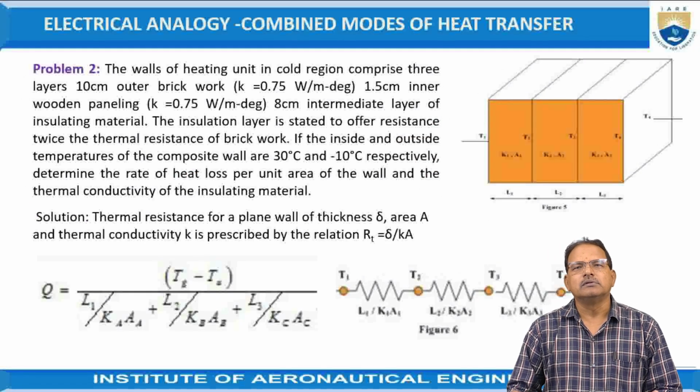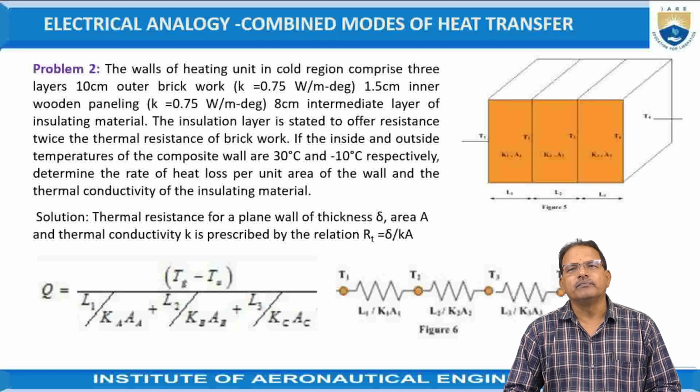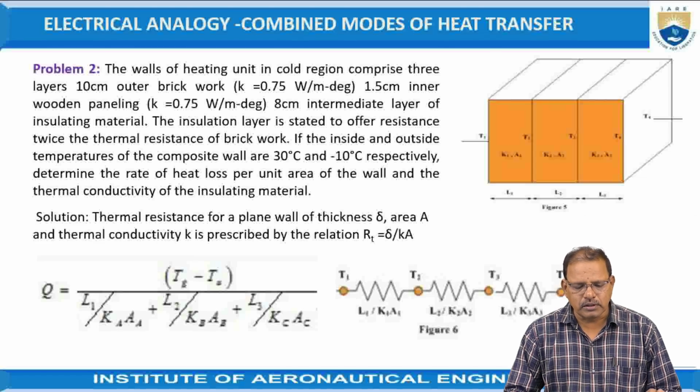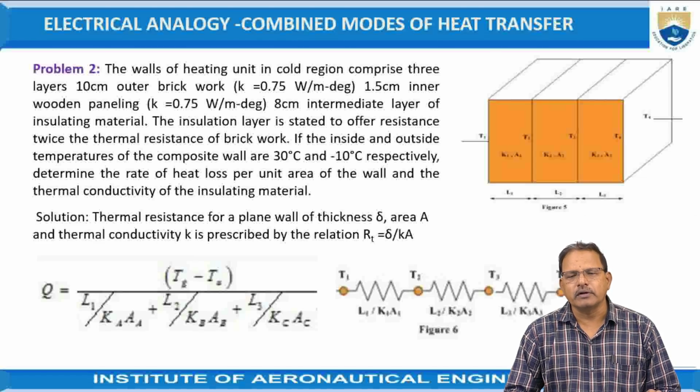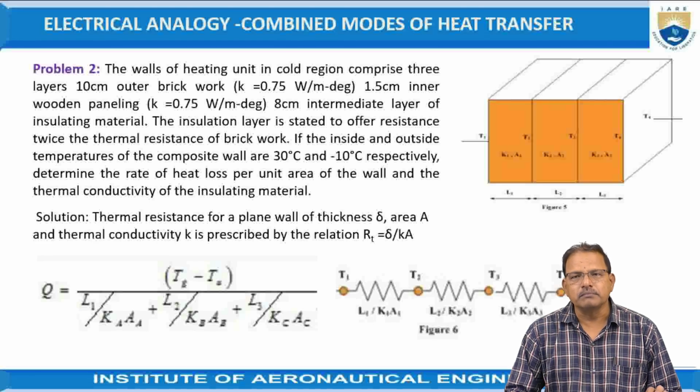Problem number 2: the walls of a heating unit in a cold region comprise 3 layers: 10 centimeter outer brickwork, K equal to 0.75 watts per meter per degree; 1.5 centimeter inner wooden paneling, having K equal to 0.75 watts per meter per degree; and an 8 centimeter intermediate layer of insulating material.